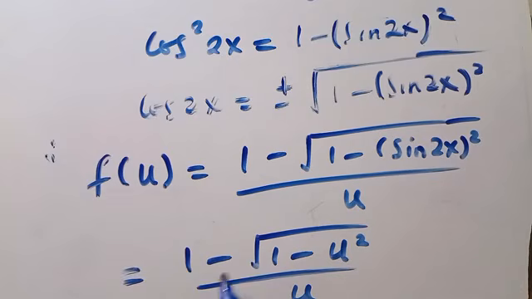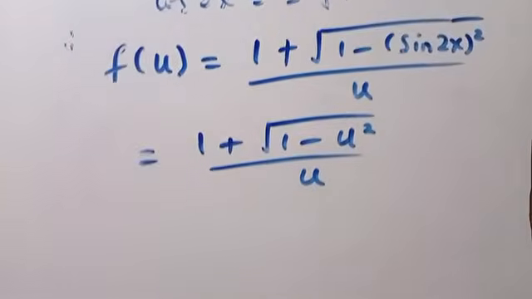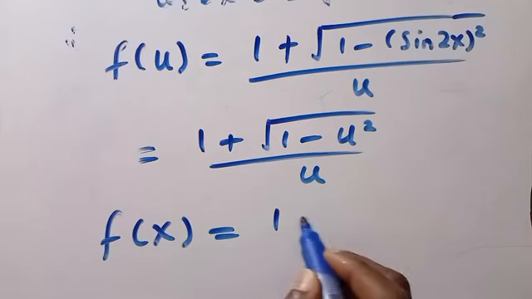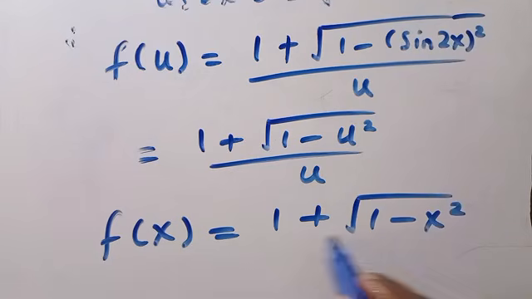After having this, we are going to replace every single u with x, since we are interested to find f of x. So here we have f of x equals 1 minus square root of 1 minus x squared divided by x.